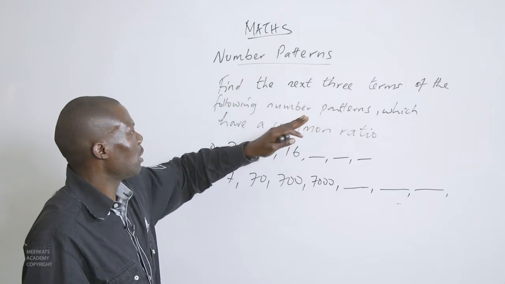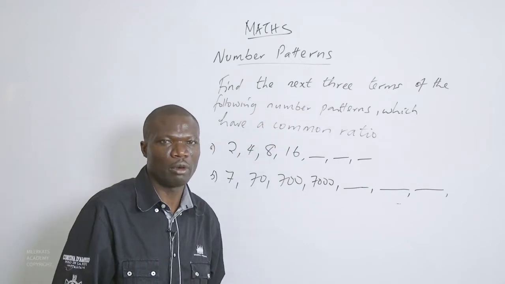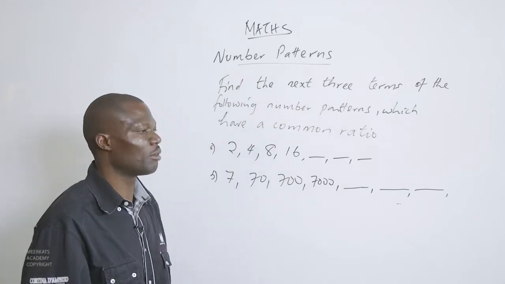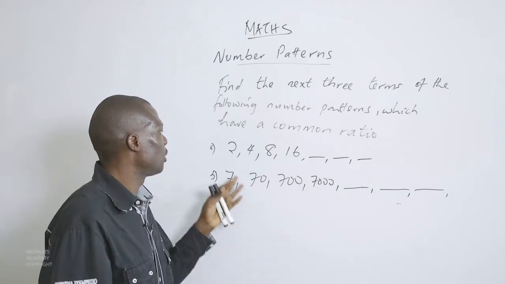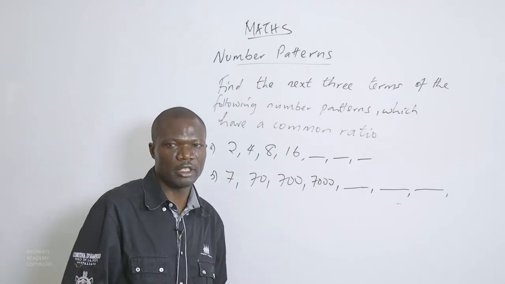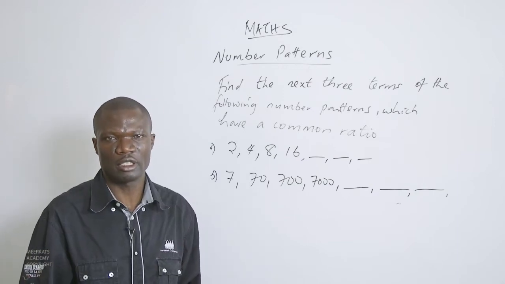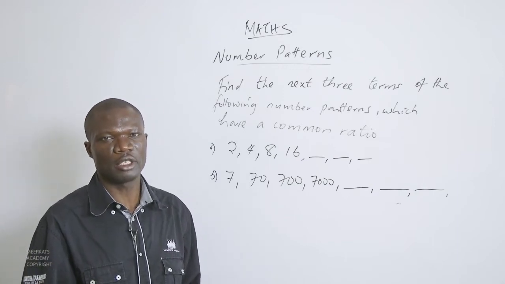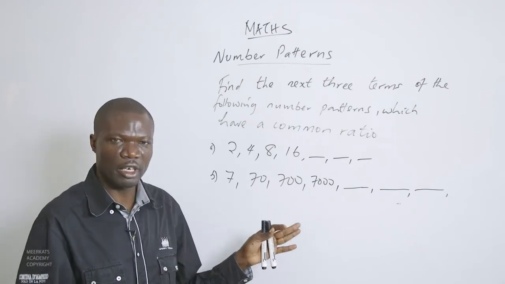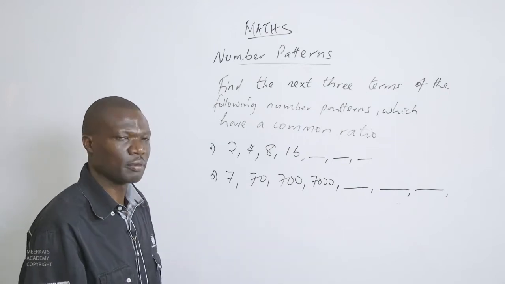Find the next three terms of the following number patterns which have a common ratio: 2, 4, 8, 16, and so on. And we have 7, 70, 700, 7,000, and so on. We need to find the next three terms.